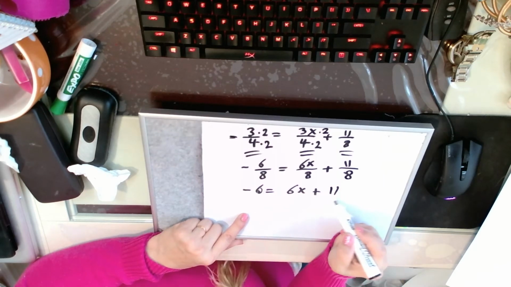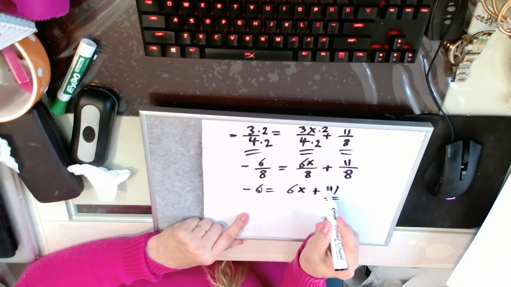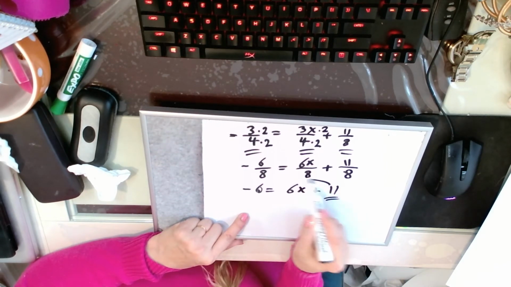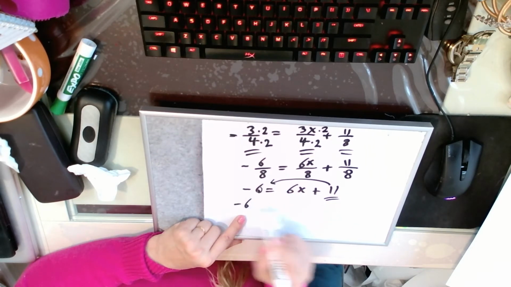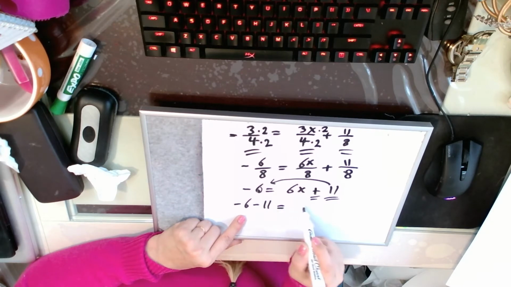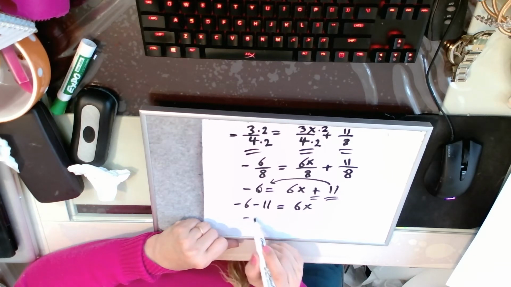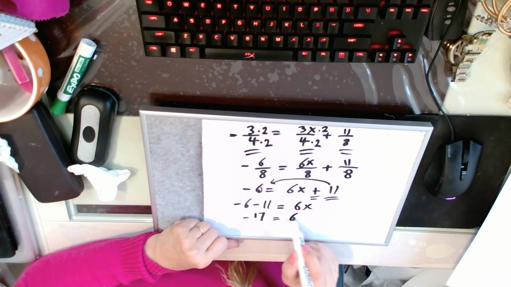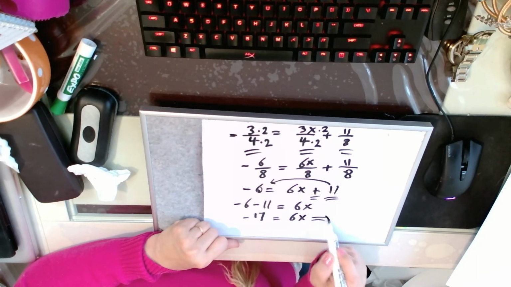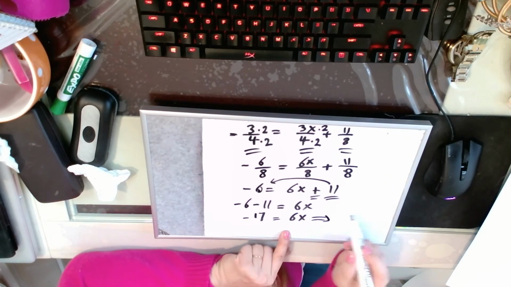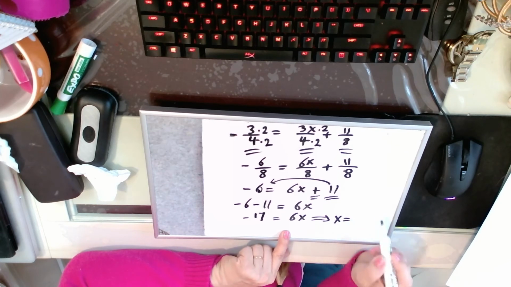So get this 11 to the other side, minus 6, I'm going to change its sign, minus 11, equals 6x, so minus 17 equals 6x. Divided by 6, x equals minus 17 over 6.